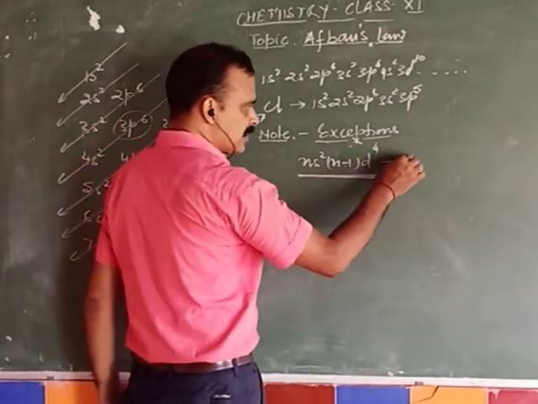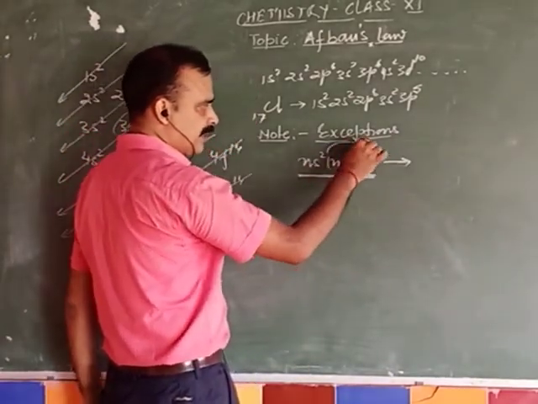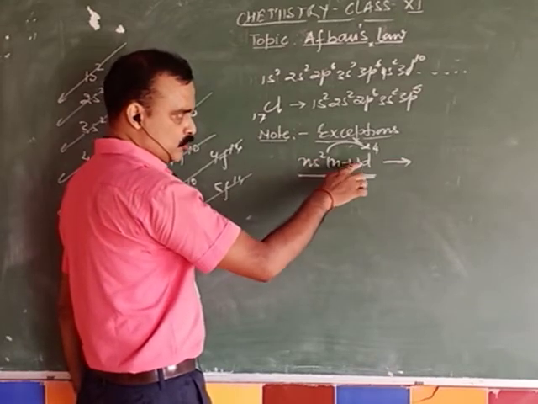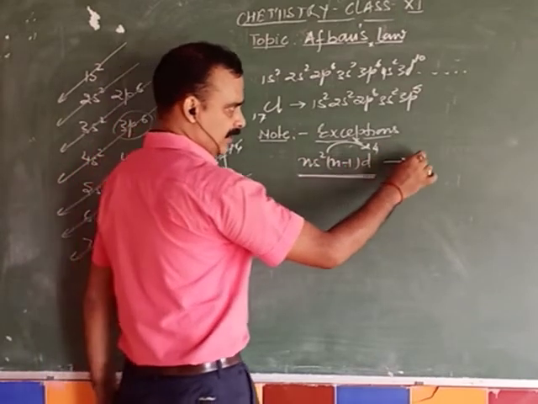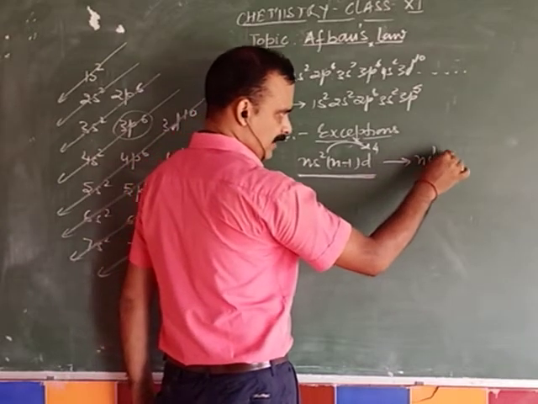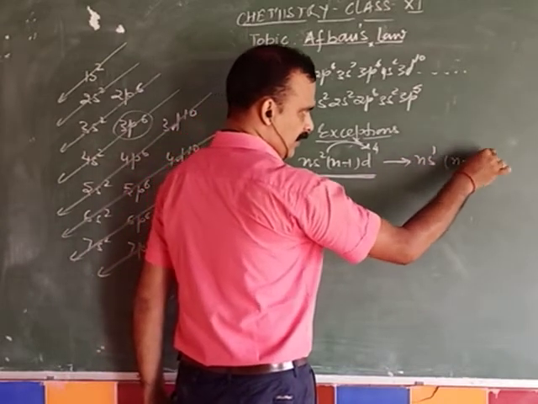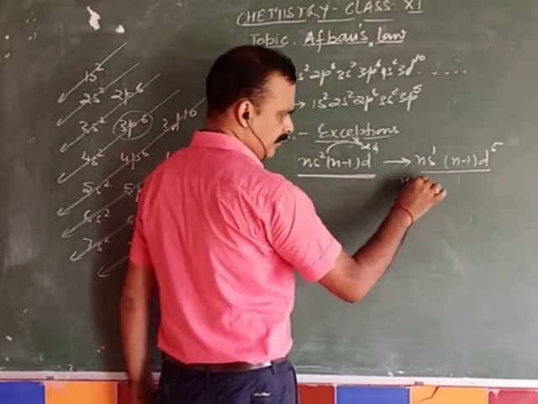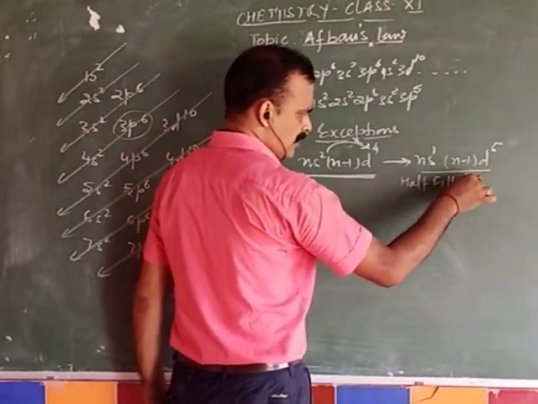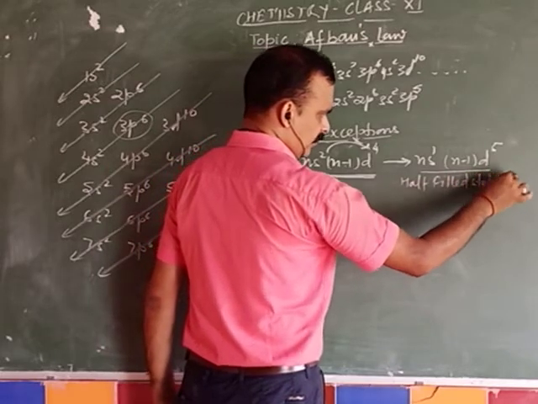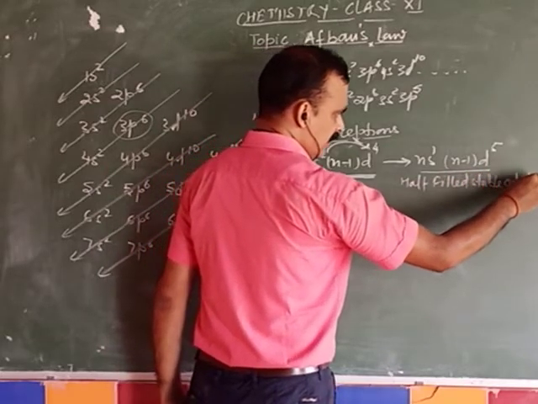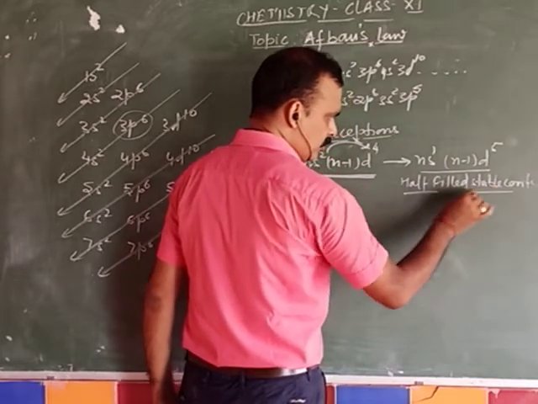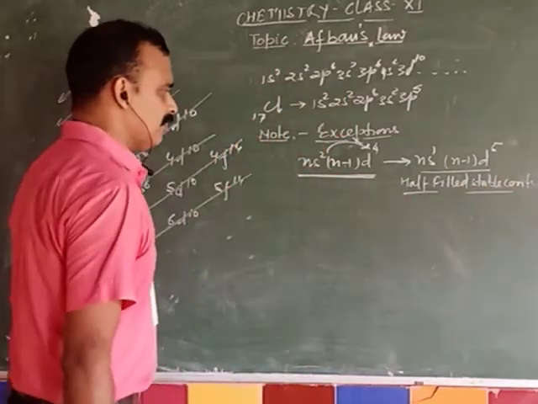That's why it is just changing into the stable configuration by placing one electron from ns to the n minus 1 d4. It turns into ns1 and n minus 1 d5. This is half filled stable orbital. Half filled stable configuration, and due to the stability it is preferred well.